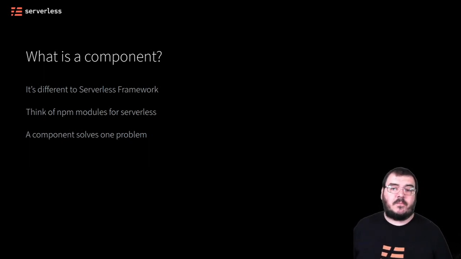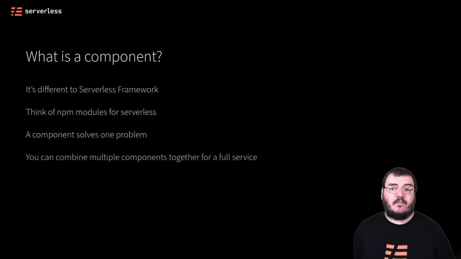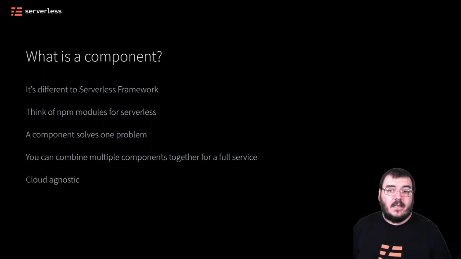It is also possible to combine multiple components together into a single deployable solution and have that components application itself be a component. And lastly, while right now components are focused on AWS, since the reality is that that is where the vast majority of the market is, we are currently working on adding additional capabilities to make components as cloud agnostic as possible. There is inherently nothing that makes a component exclusive to AWS even now.